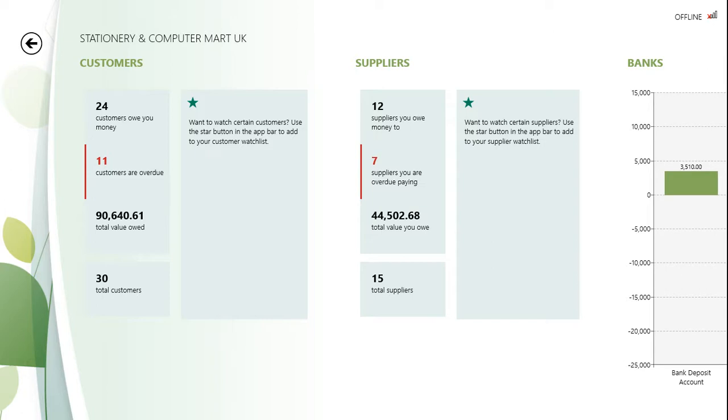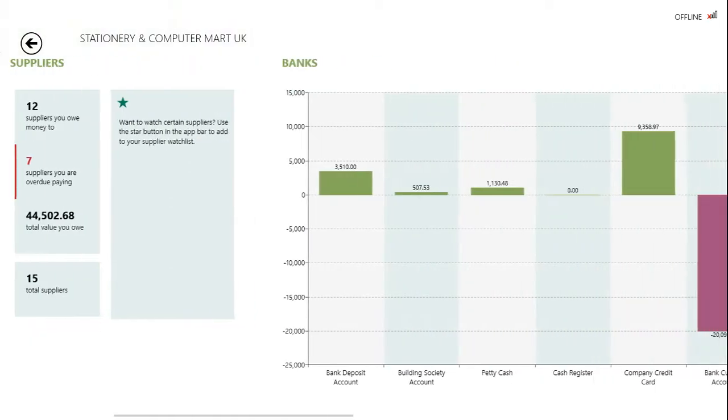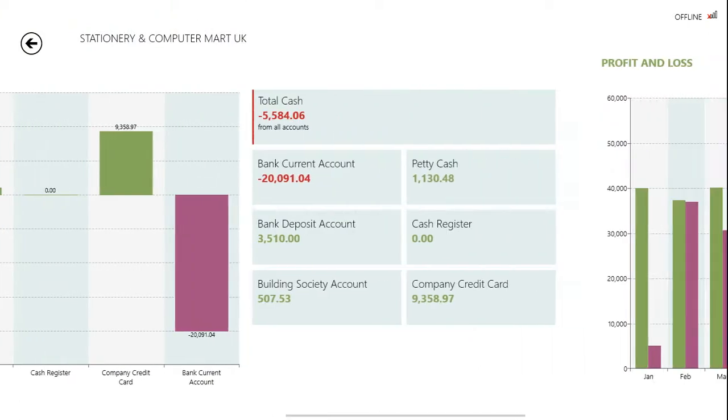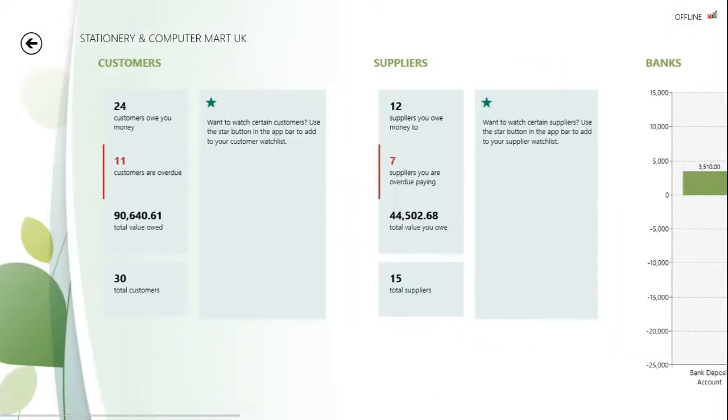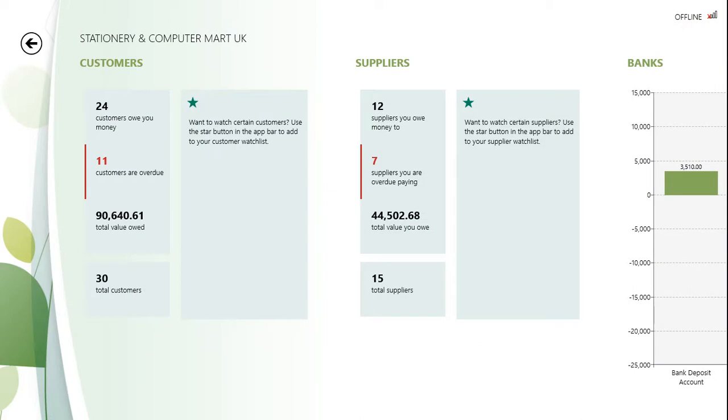We compared this to a magazine front cover where you can see the type of information that the application has. So first of all, you can see I've got customers, I've got suppliers, I've got some bank information, and I've got some profit and loss information. If I scroll back here, you can see that they've also used typography and colors in order to make the application much more design friendly.